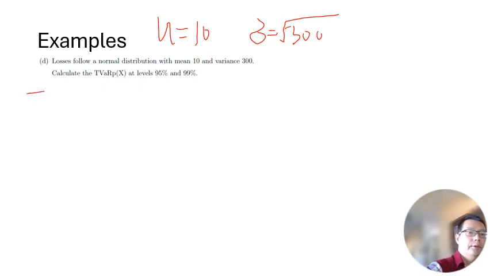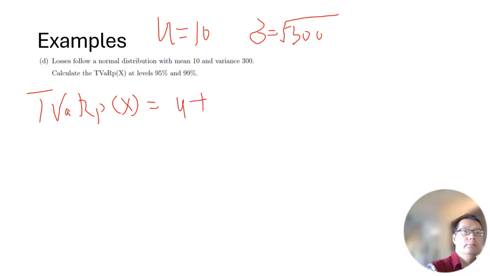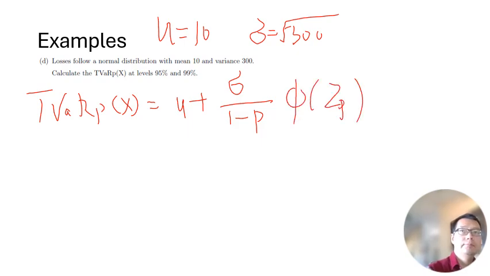And for this, tail value at risk would equal mu plus omega over 1 minus p times phi of z p, where phi is the normal distribution formula.